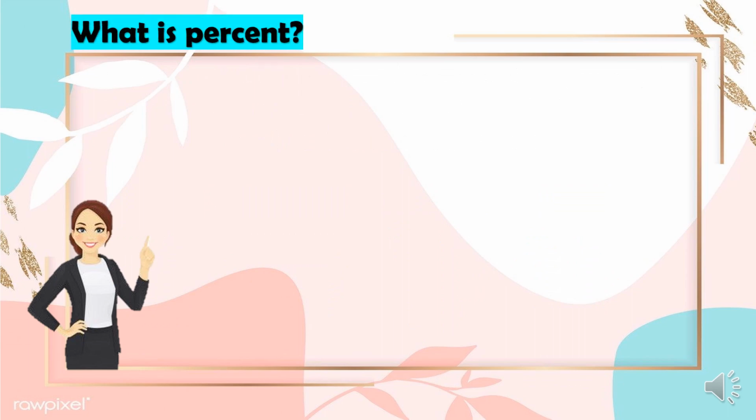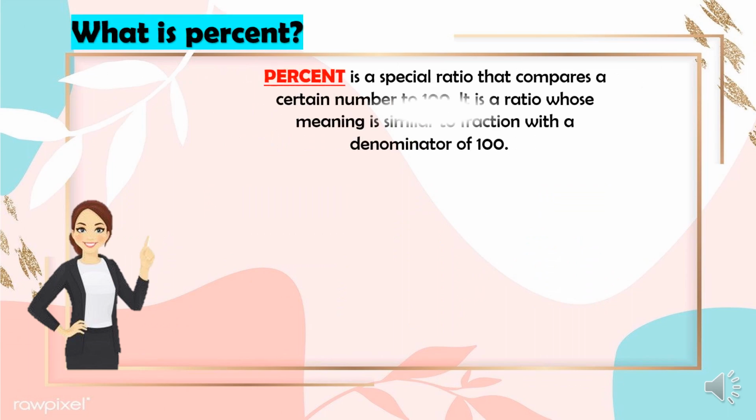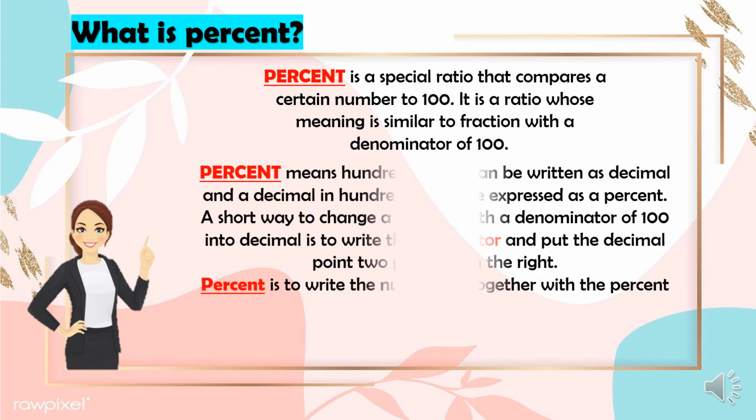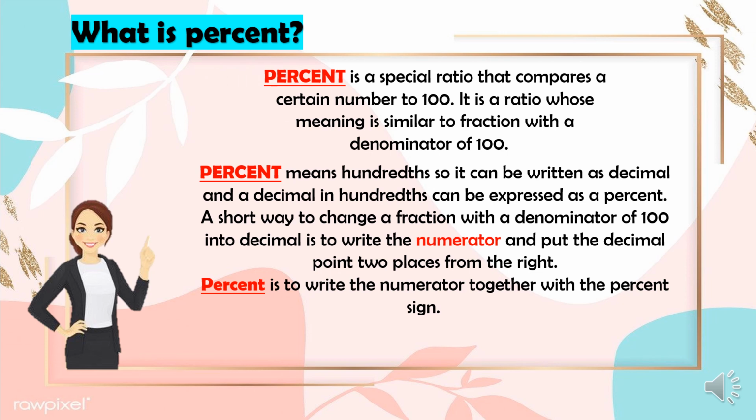Now what is percent? Percent is a special ratio that compares a certain number to 100. It is a ratio whose meaning is similar to a fraction with a denominator of 100. And percent means hundreds, so it can be written as a decimal, and a decimal in hundredths can be expressed as a percent.